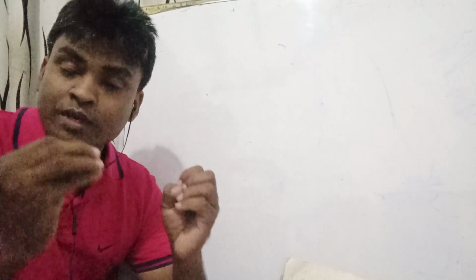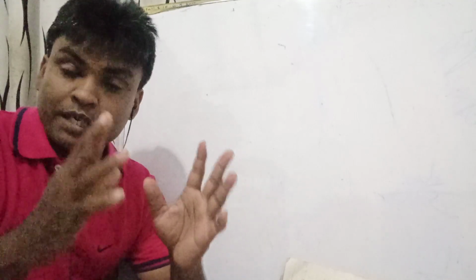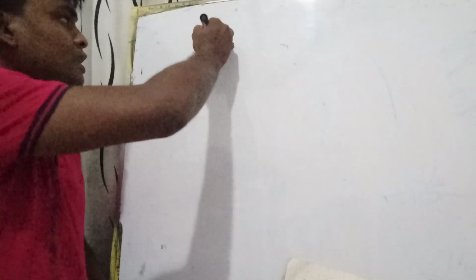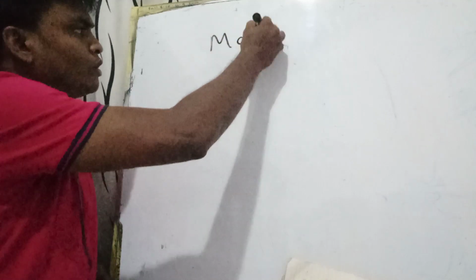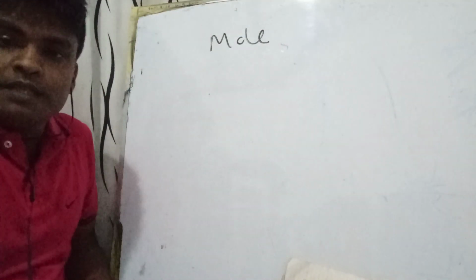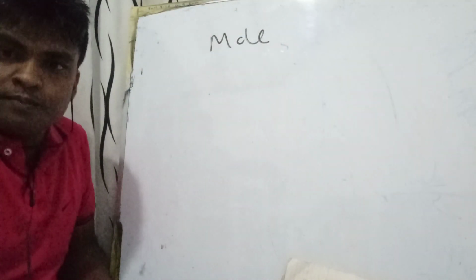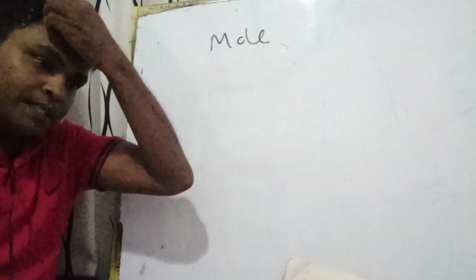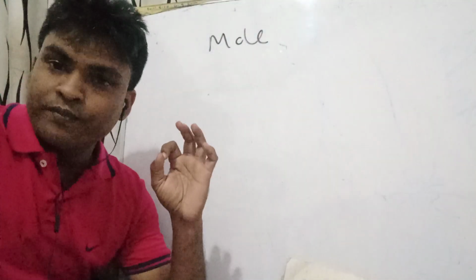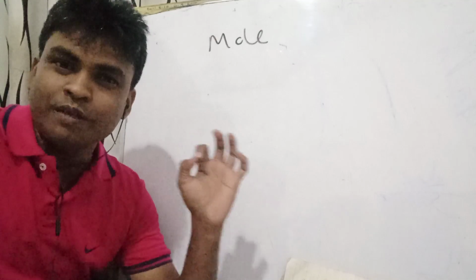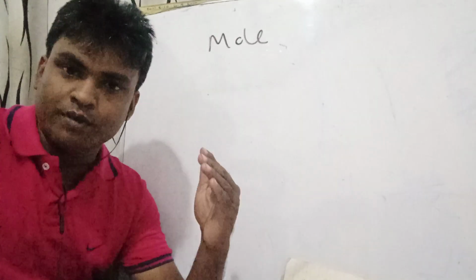Similarly, the counting unit in chemistry is called mole. So we consider mole is the counting unit of a chemist. Mole is very simple. It's a counting unit. People have different counting units.